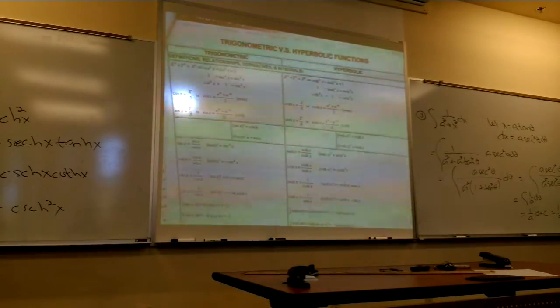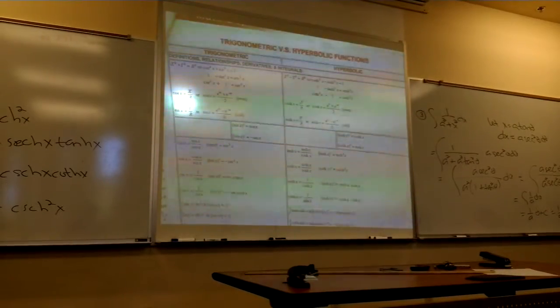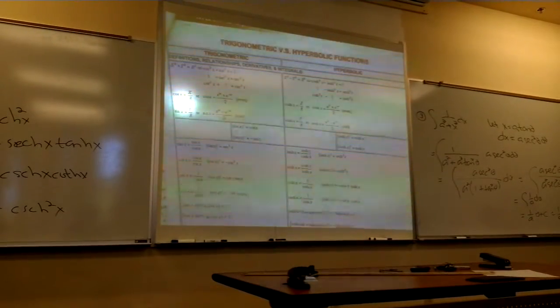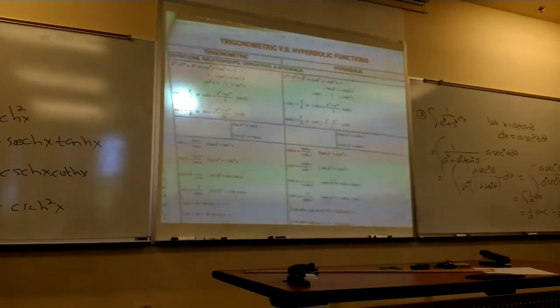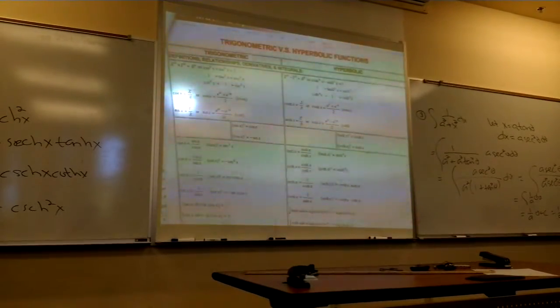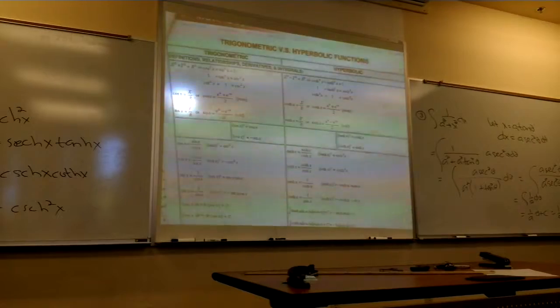Yeah, so this is really critical, and this results in a lot of trigonometric to hyperbolic identities that involve different rearrangements of the i's. So you can go back and forth between trigonometric and hyperbolic if you know those identities, and that can make our lives a lot easier in certain cases.